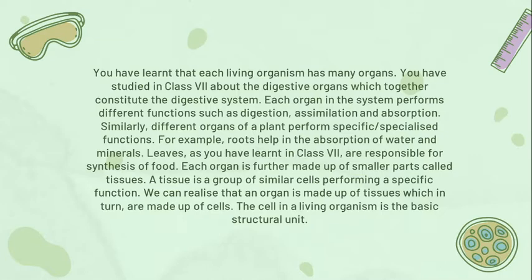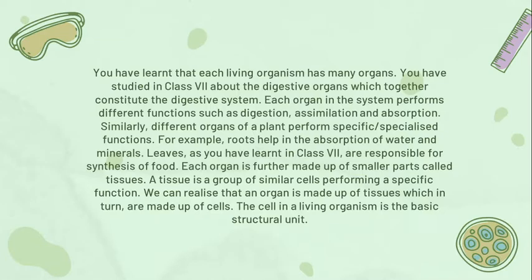We have the liver, the stomach, the pancreas, etc. These all combine to form the digestive system. Each organ in the system performs different functions such as digestion, assimilation, and absorption.